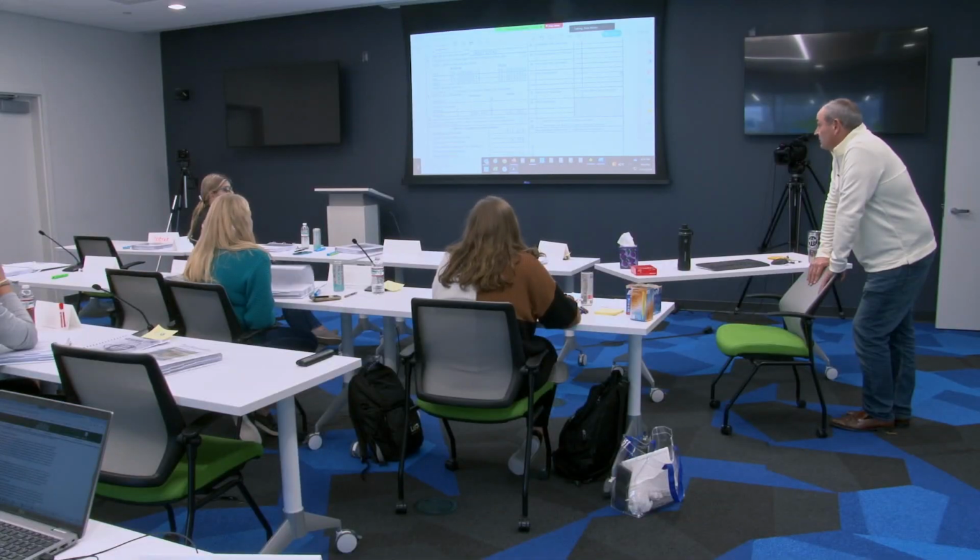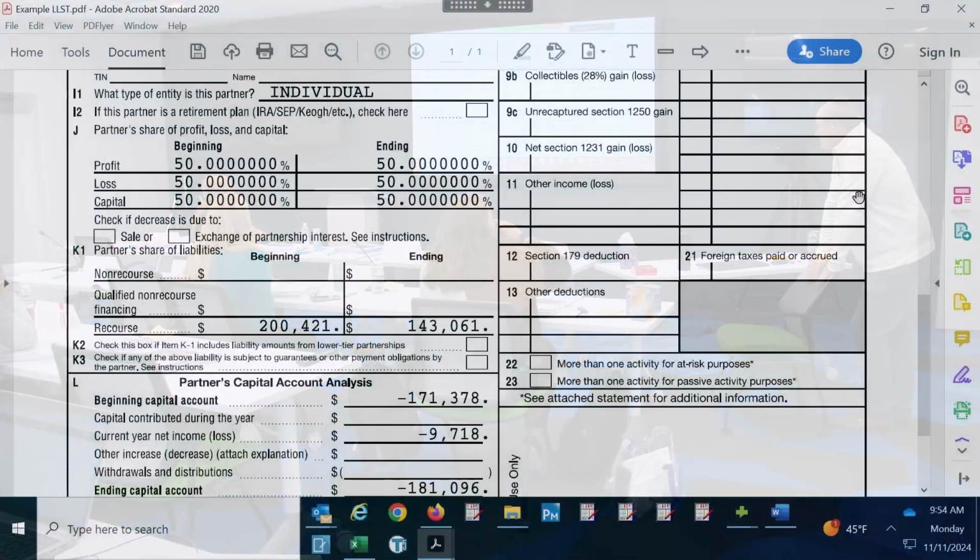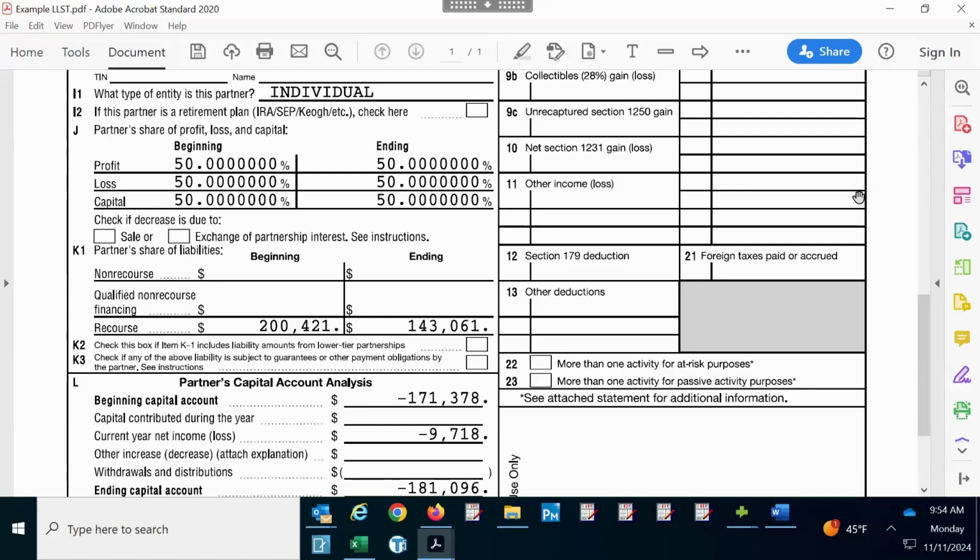What were we talking about before? Debt basis. Okay, so this one, we have $143,000 of debt basis. I don't know what that really, the outside basis, if there shouldn't be a difference between the ending capital of 181 and 143.